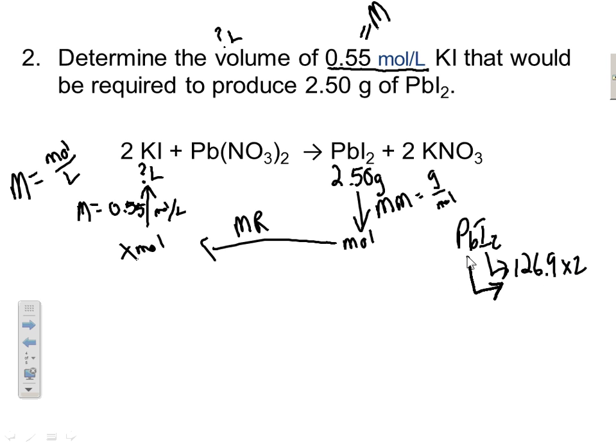This is going to be a heavy molecule. Lead is 207.2. So 126.9 times 2 plus 207.2 equals 461 grams per mole. Heavy, heavy.